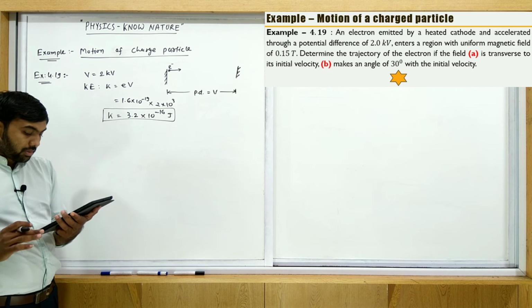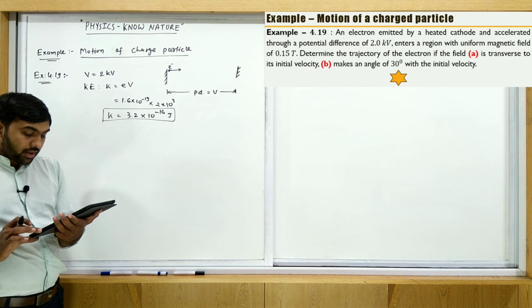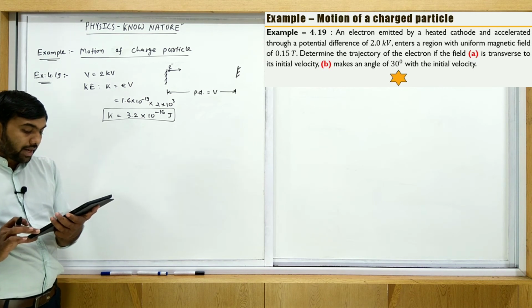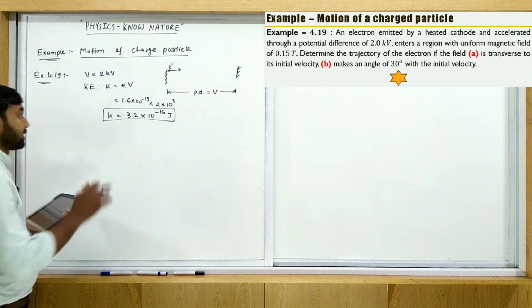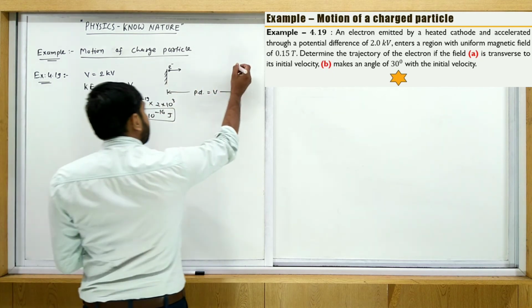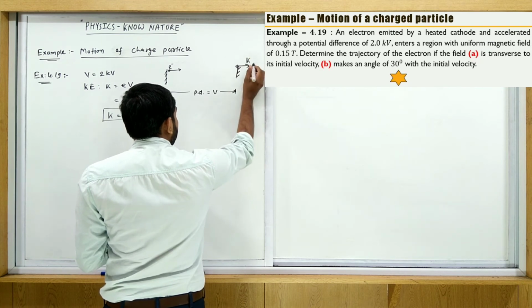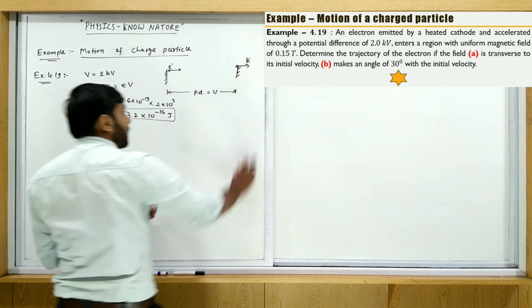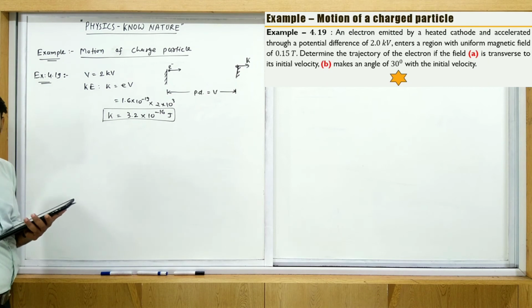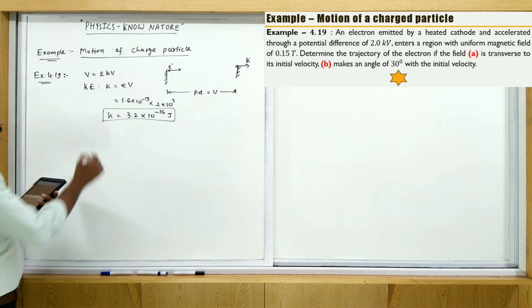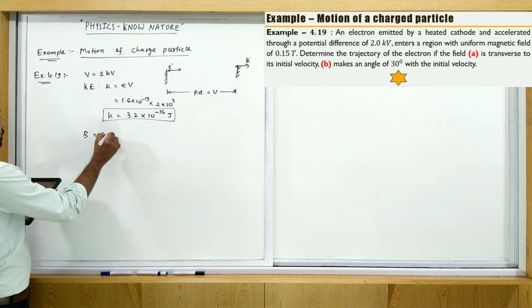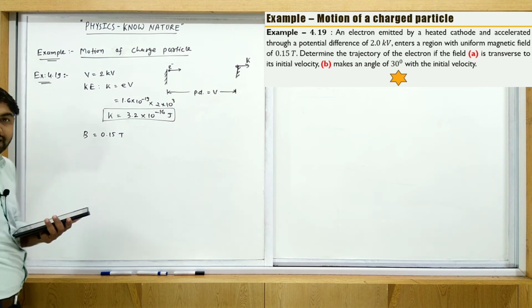Now what is the problem statement? It enters into the region of uniform magnetic field of 0.15 Tesla. So after reaching somewhere here, this electron is moving with the kinetic energy K, and it enters into the uniform magnetic field region. Here its magnetic field is 0.15 Tesla.